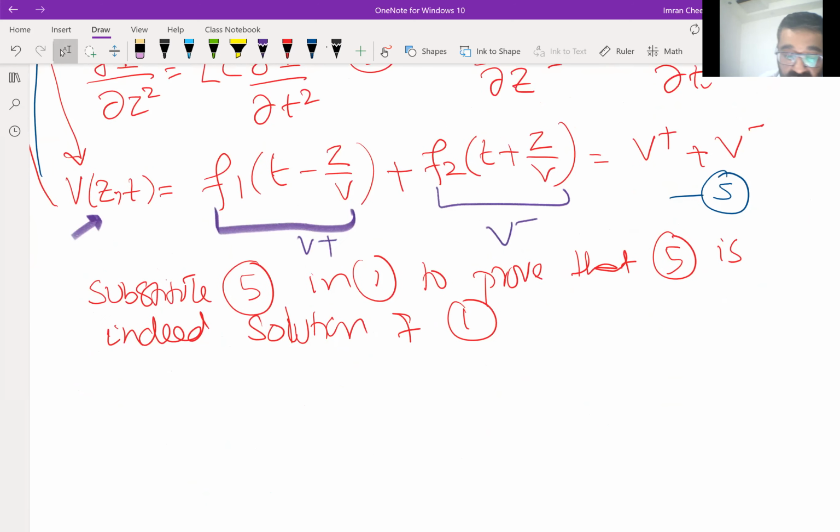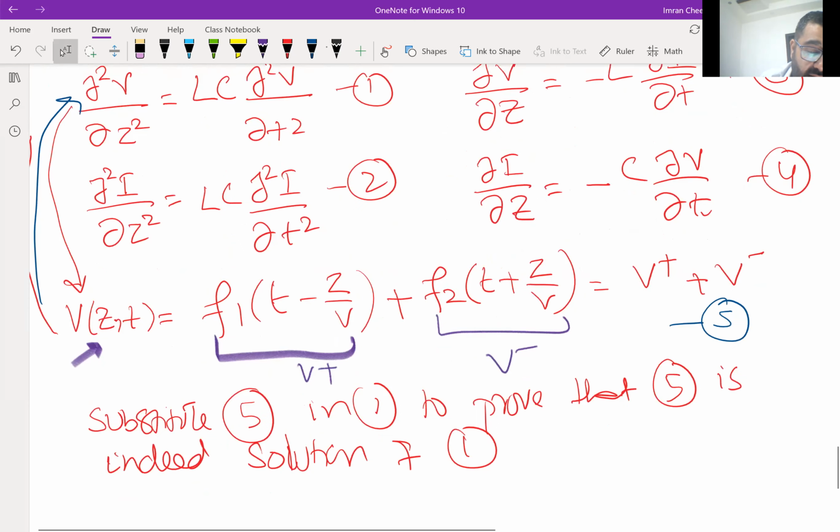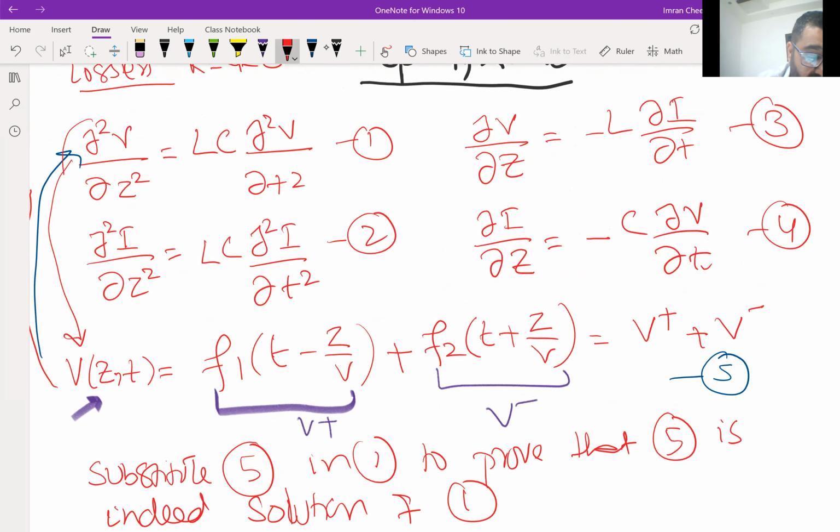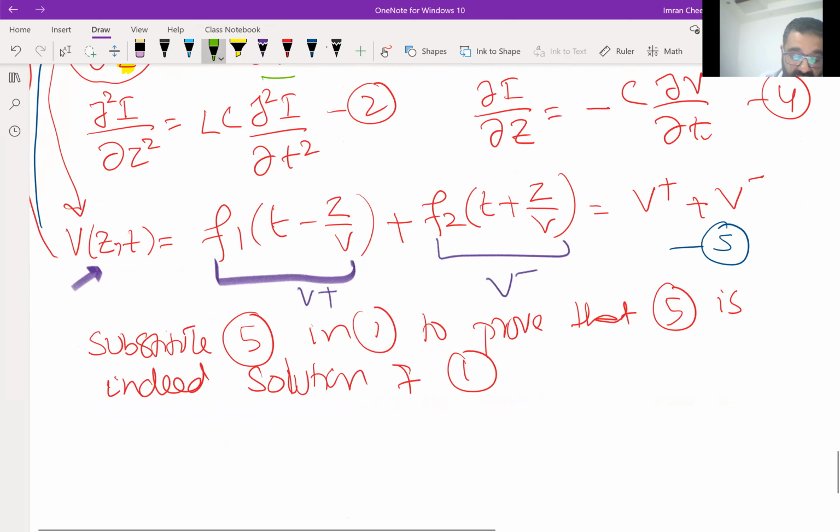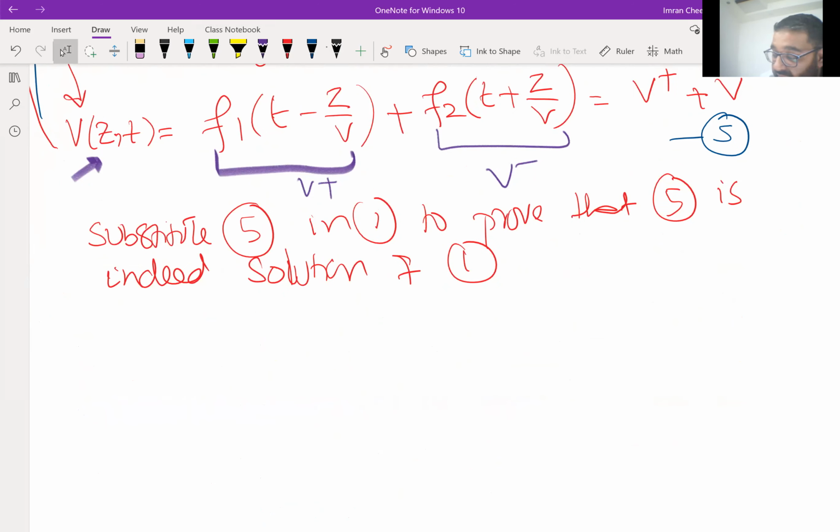If I substitute that, what I need on the left hand side is a double derivative with respect to z, and on the right hand side a double derivative with respect to t. So let's take the double derivative of this.